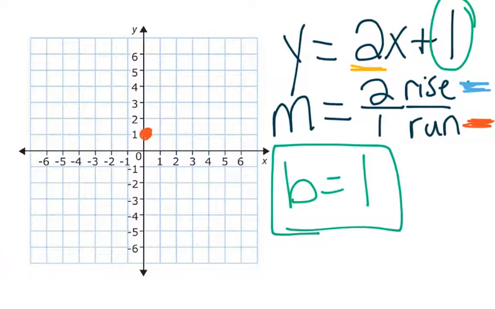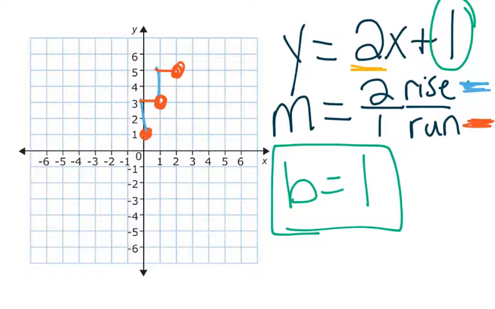So I'm going to rise 2, run 1. That will put a new dot right there. Then I'm going to rise 2, run 1, and I'm going to get another dot right there. Again, you're not required to put the stair steps, but if it helps you with the counting of the slope, you can.